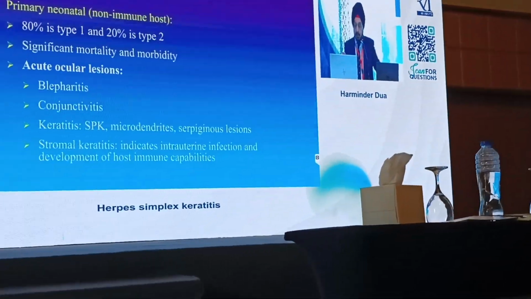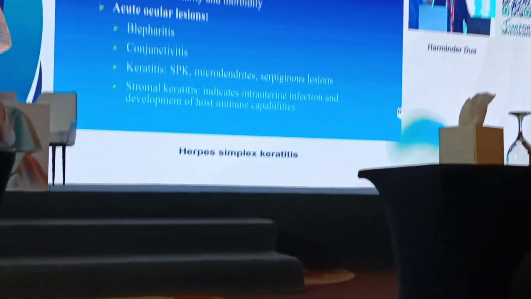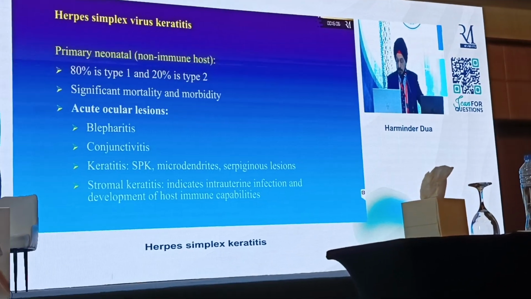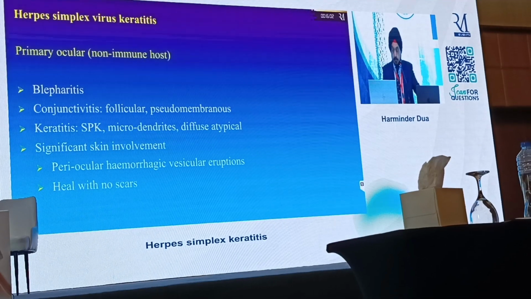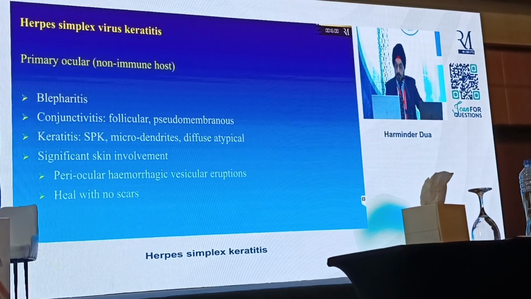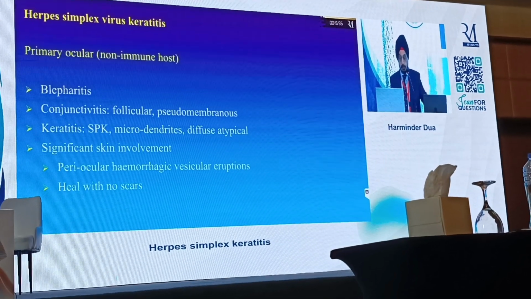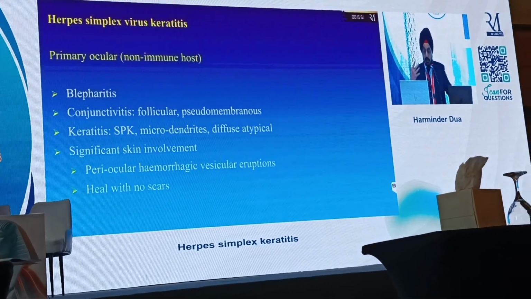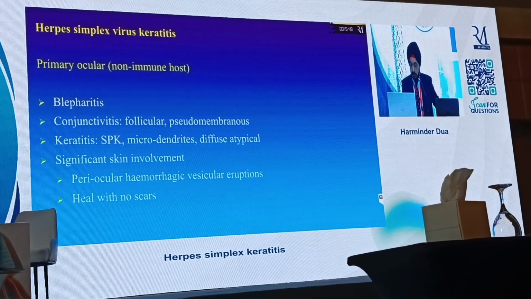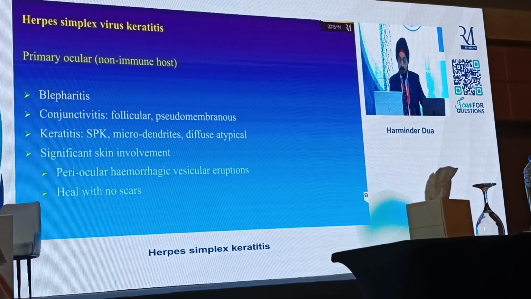So when you get stromal keratitis in the neonate, it is actually infection that has happened in the uterus, that they have developed some immune response to it, and you get a stromal immune-mediated disease.